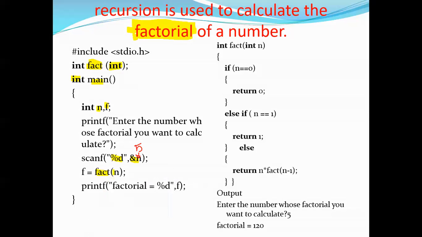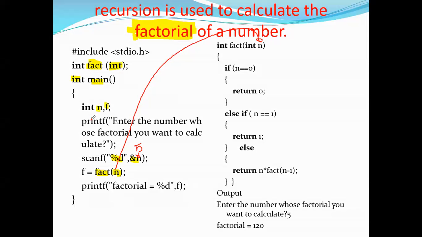You are passing the value; it is call by value. You are passing this 5, which is present in n, to the function here, and it will be stored in this variable.